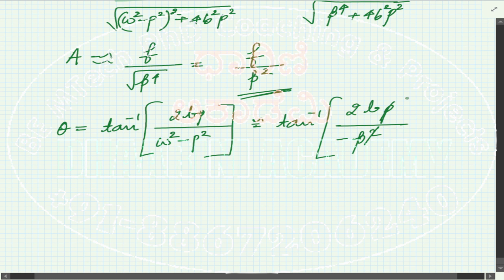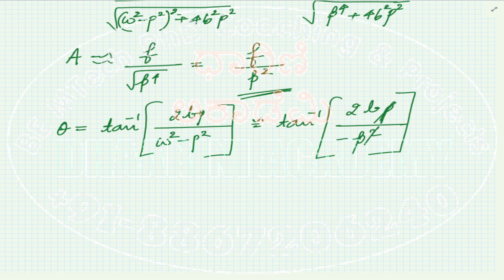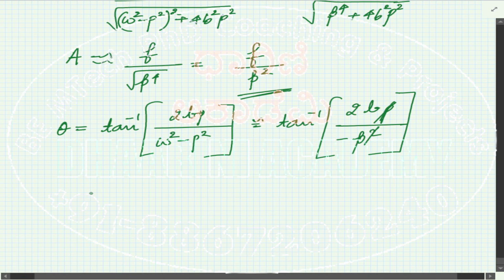So one of the p will cancel. The denominator p is very big, numerator is small, which means the whole term becomes a negative and very small quantity. So approximately, I can write tan inverse of negative, it's not 0 but closer to 0.